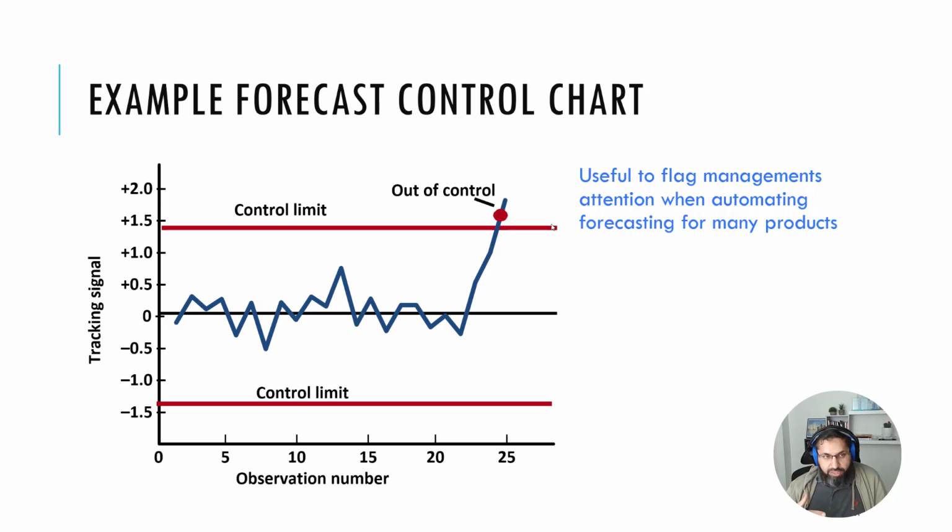Maybe the data has changed and the forecasting algorithm you're using doesn't deal with this new issue, or something in the business environment has changed which is causing your forecast to be wrong, and maybe you need to use judgment forecasting to adjust for that. In any case, this shows you need to investigate the issue and resolve it because your forecast is having too much error now. So you can use control charts to keep track of the forecasting process.